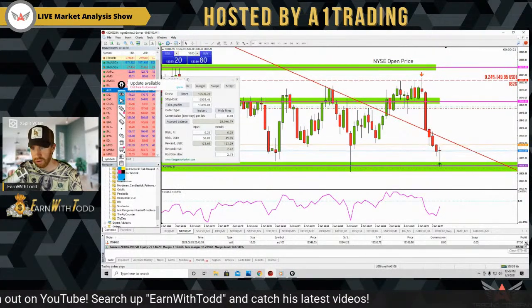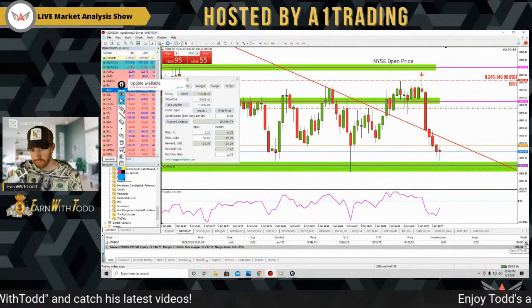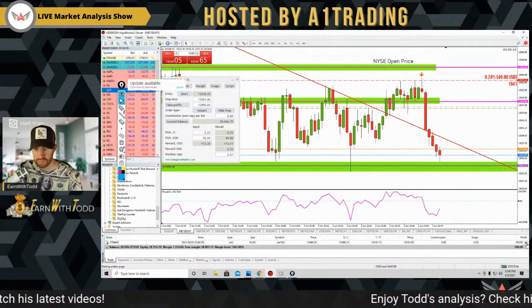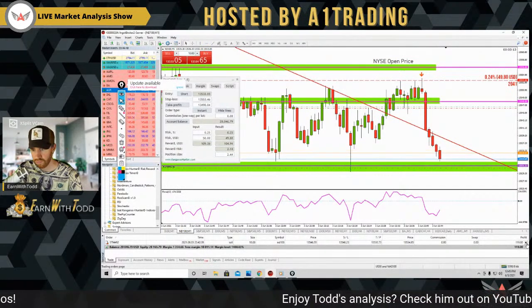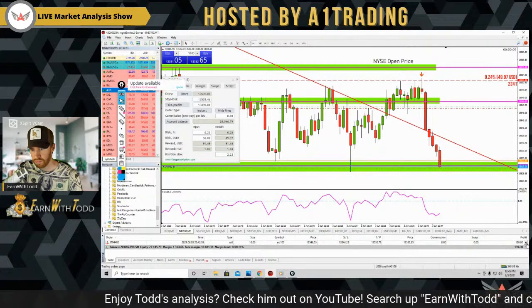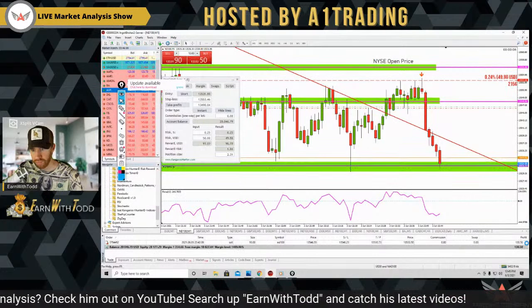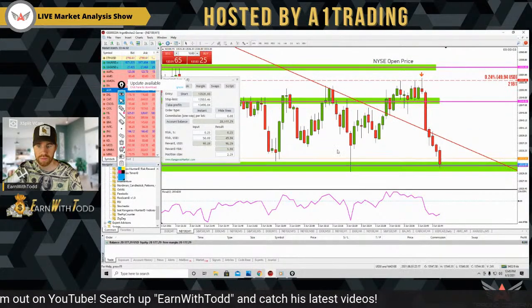Oh shit! There might be a bullish kangaroo tail that closes right there. We're almost there. All right, we'll lock it up at 135.